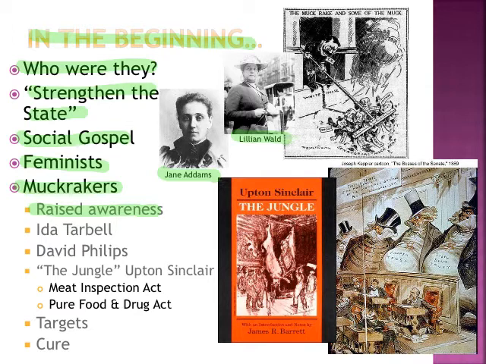Three of them in particular you're going to need to know about here. The first one is a woman named Ida Tarbell. She goes after John D. Rockefeller's Standard Oil, determined to bring down Rockefeller for his monopoly on the oil industry. Now, it's not just that; she doesn't want to pay the high price of oil.